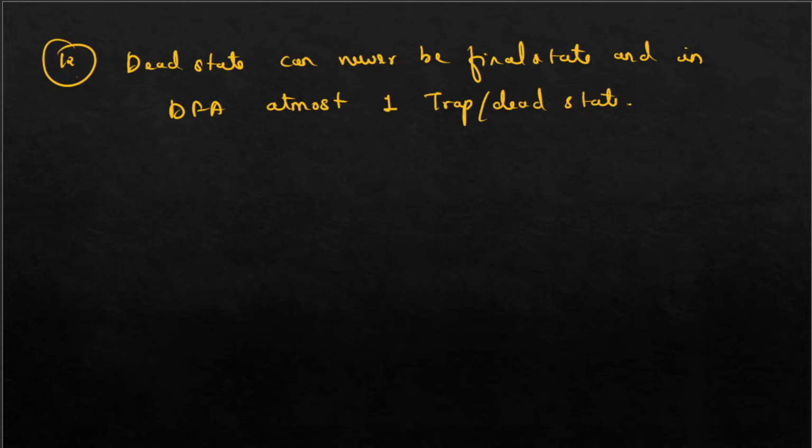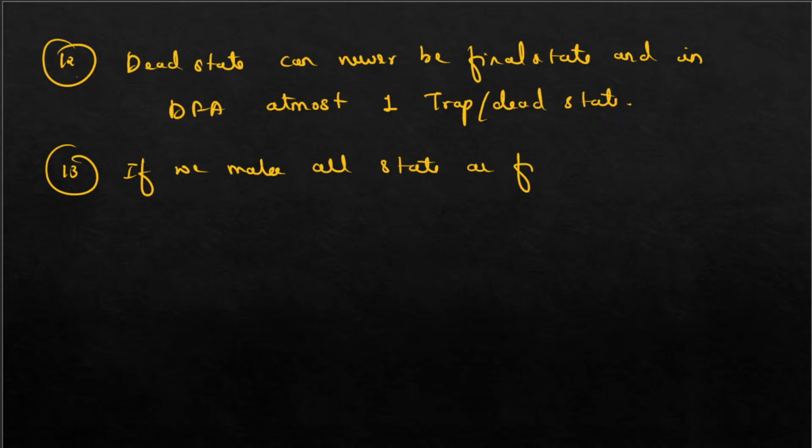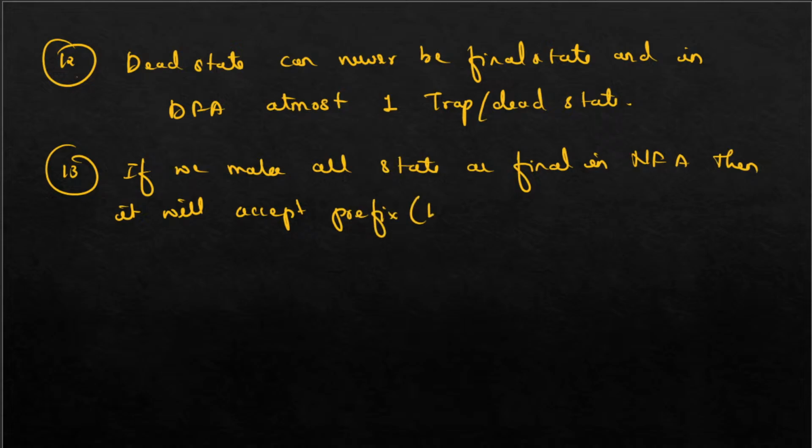At most one, that means it can be 0, no dead state, or 1, but not more than that. Okay. 13th is, if we make all states final in NFA, then it will accept prefix L. That means the language containing all prefixes of all strings of the language.